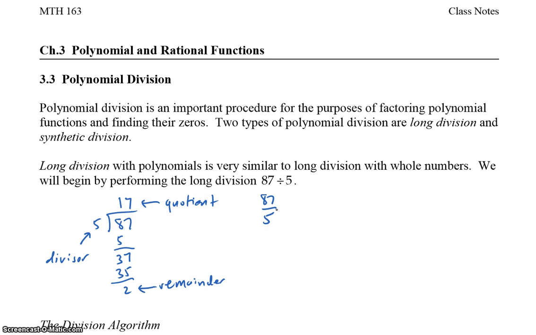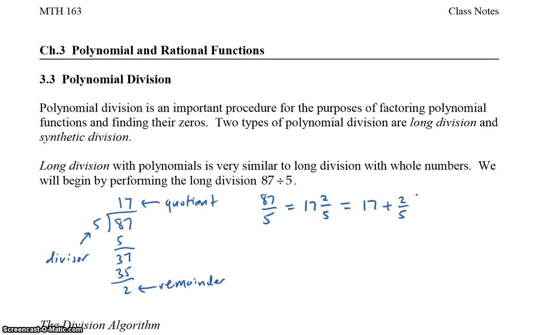So we say that is the quotient, and then the remainder over the divisor, 17 and 2 fifths. And of course you would recognize this as a method of converting an improper fraction to a mixed number. Now 17 and 2 fifths is really 17 plus 2 fifths, but we don't write the plus sign. It's understood that the 17 and the 2 fifths are actually being added.